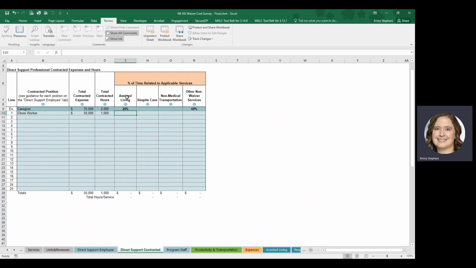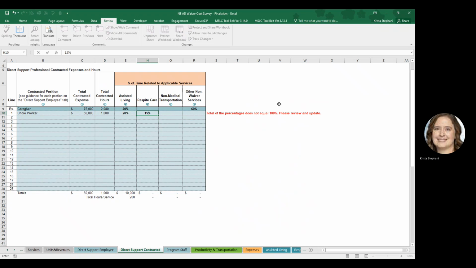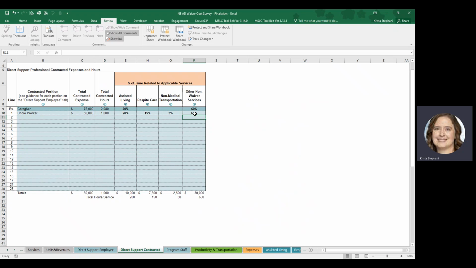For this example, we are assuming that your agency provides assisted living, respite, non-medical transportation, and has other non-waiver services. As you can see, prior to me entering in an amount for the non-waiver services, there is a message that states that the sum of the percentages in that row do not equal 100.